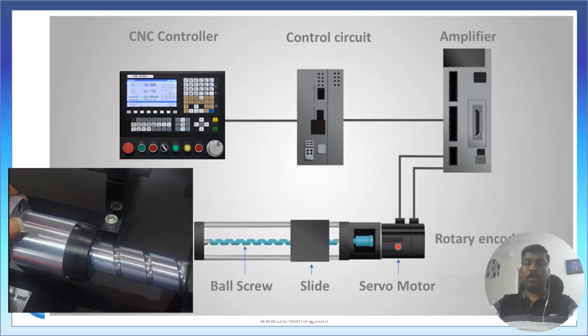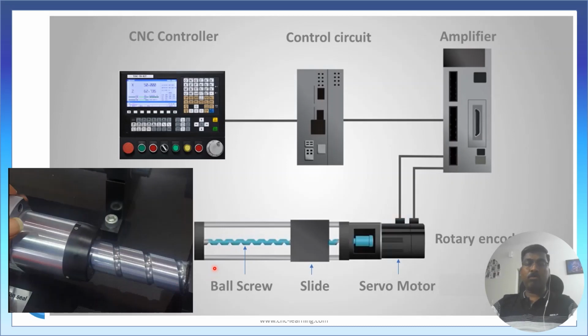So the servo motor will be rotating, and the rotational movement of the servo motor will get translated to linear movement of the slide through the ball screw.